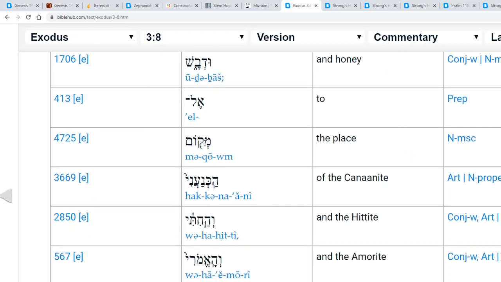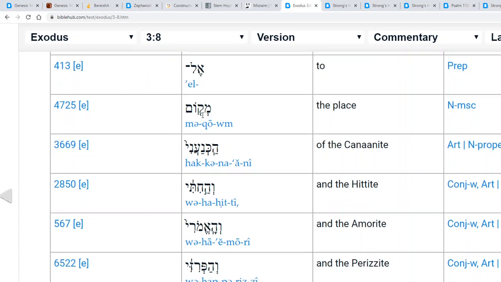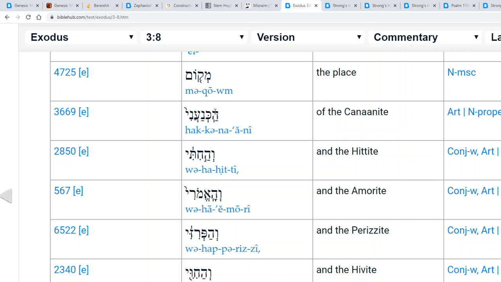Anyway, El is the preposition with the aleph. Mekom, we've spoken about before, is a place. Here it is written bemilui, completely with the vav there, as it usually is. Ha-kenani, the hey there is telling you that it's being in a construct form, Mekom HaKenani.